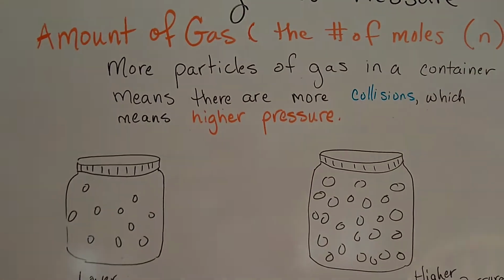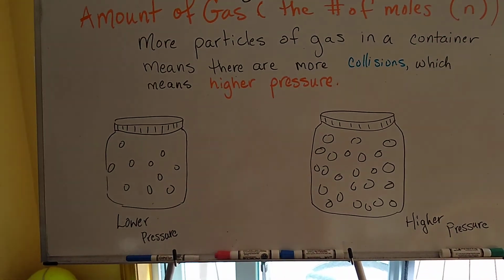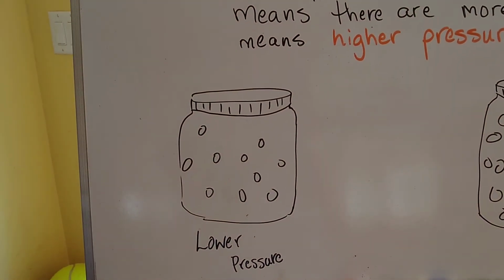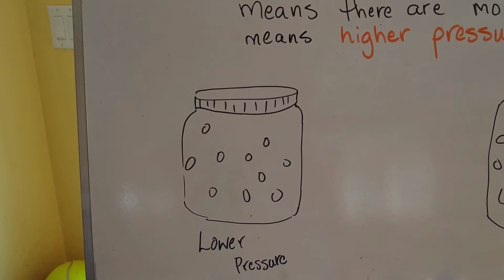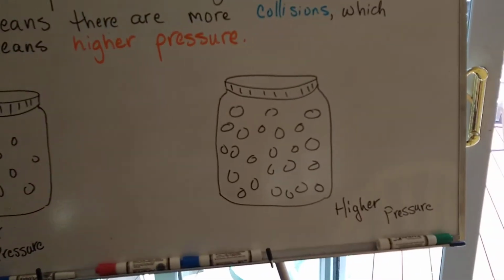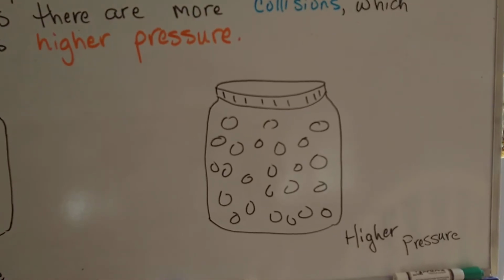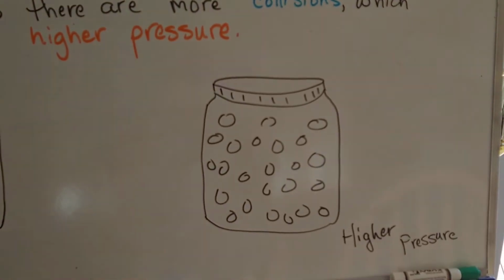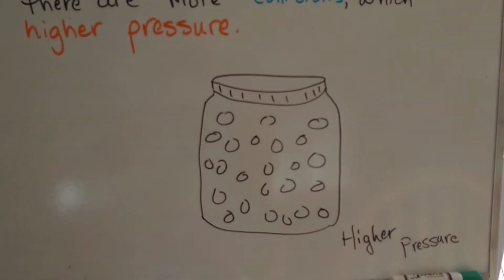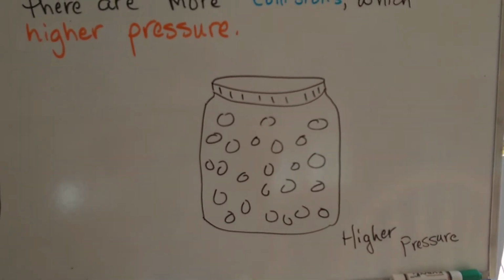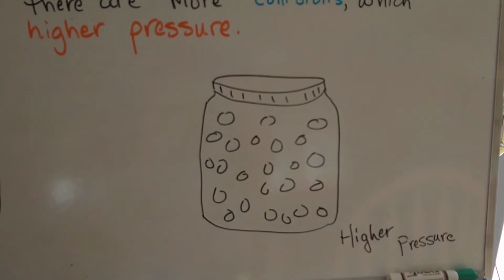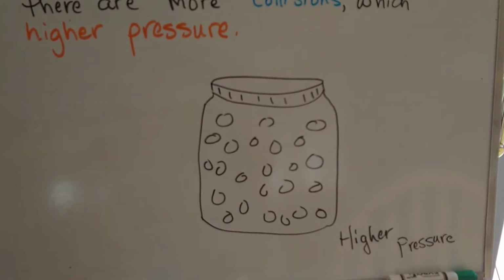So take a look at my two containers here. I have a low pressure container with just a few molecules of gas being contained inside it. So you can imagine that with a greater number of particles inside a container, there's going to be more collisions occurring between the particles themselves and between the walls of the container and the particles as they move in their straight line paths.